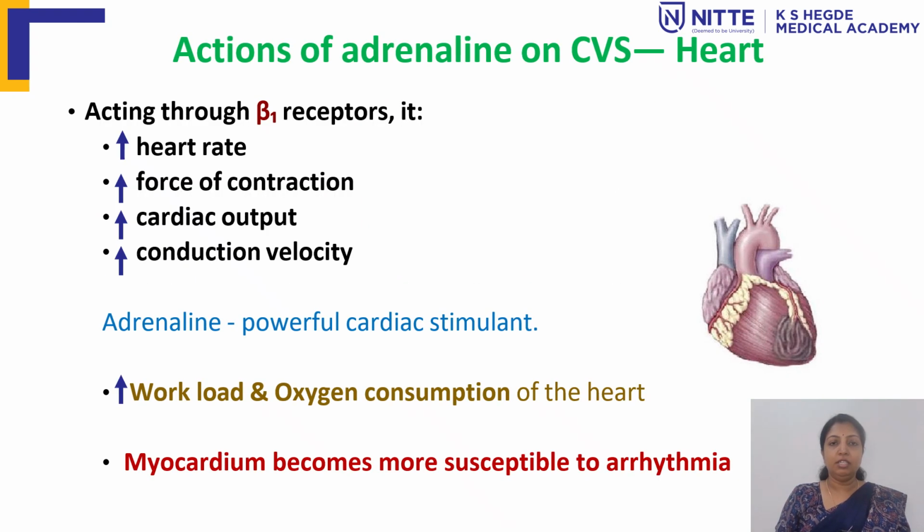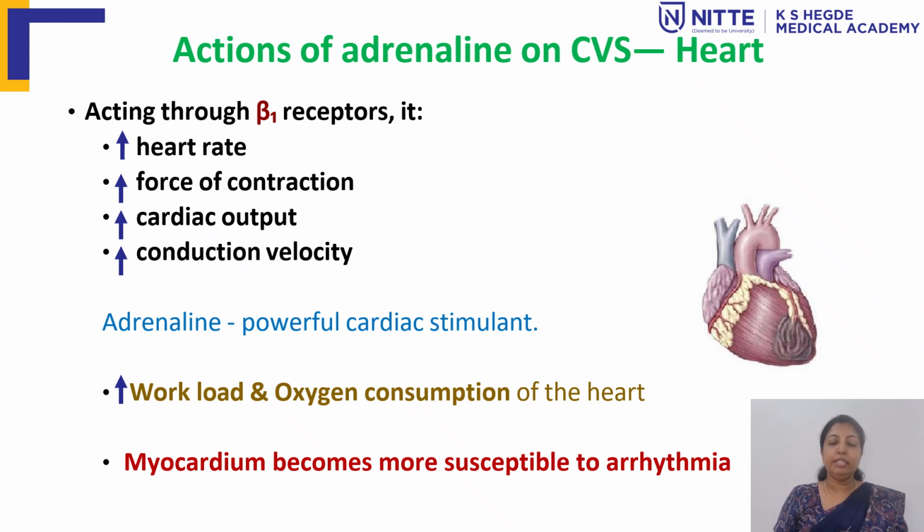So if you see the effect on each organ, the action of adrenaline on the CVS, cardiovascular system, on the heart. If you remember, beta 1 receptors are predominantly present in the heart. So adrenaline acts through the beta 1 receptors and they can increase the heart rate, increase the force of contraction, increase cardiac output and increase conduction velocity.